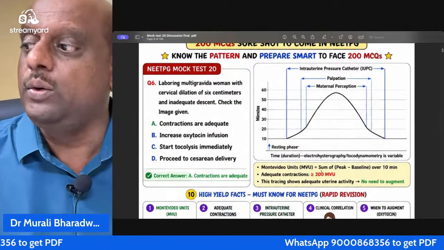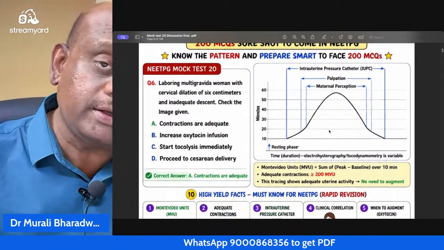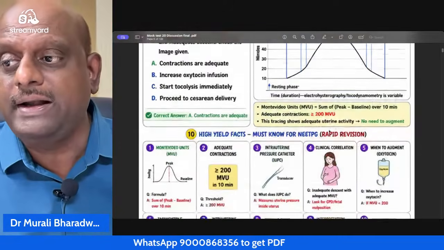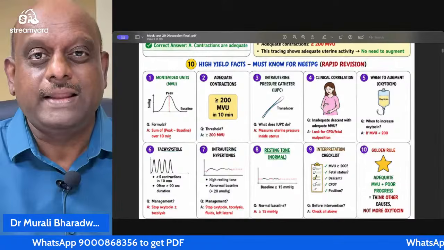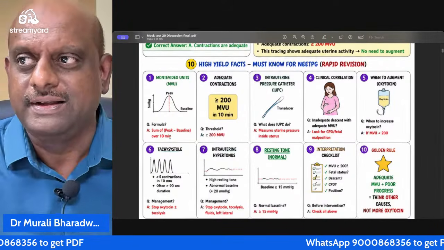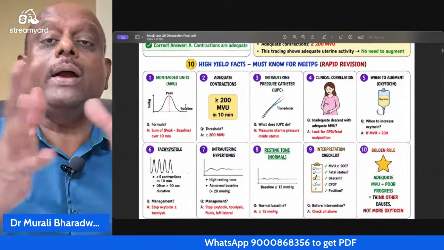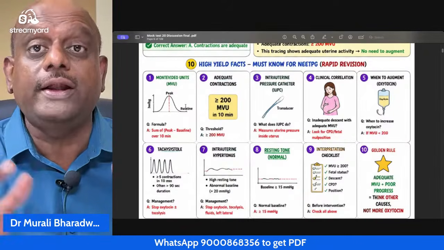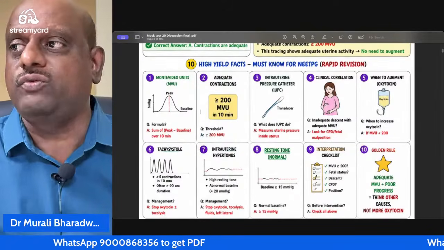Montevideo units, right? So based on this, there is no need for augmenting this labor. So the sum of the peak and baseline over 10 minutes is the Montevideo units. When do you call adequate contractions of the uterus? More than 200 Montevideo units is what we need to remember.